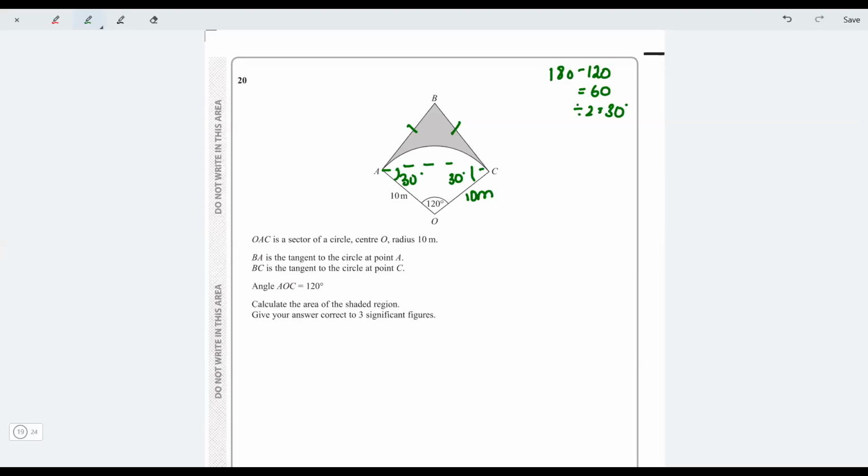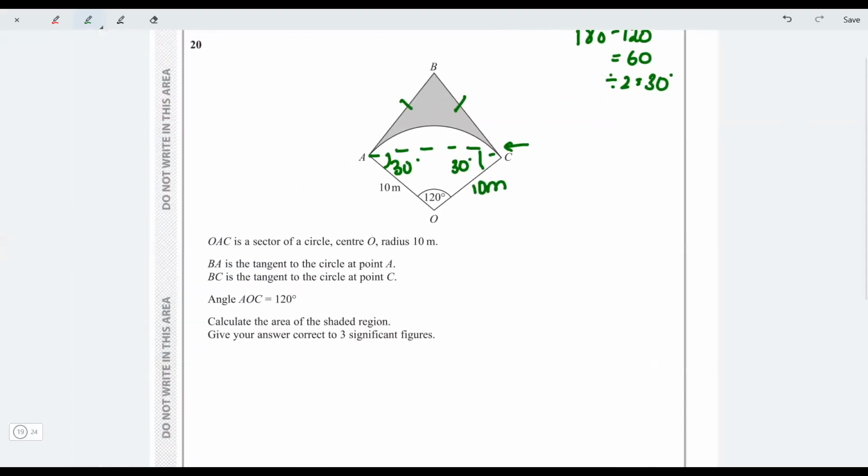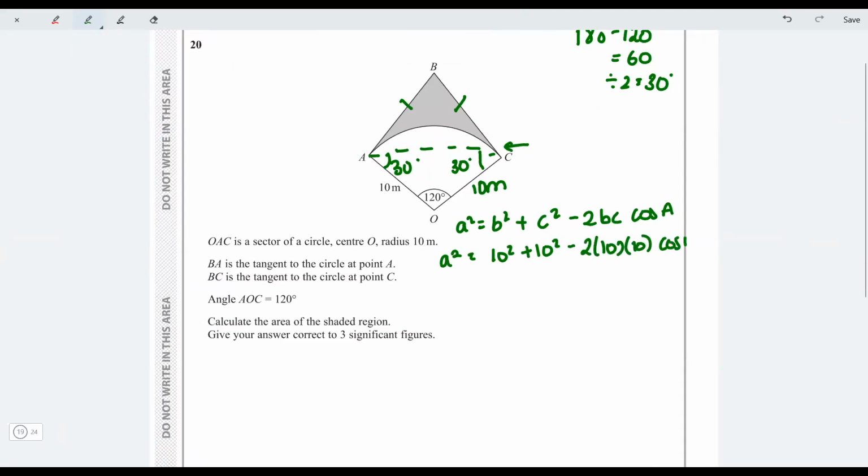Right, I can also work out this line here by using cosine rule, can't I? Which is going to be a squared equals b squared plus c squared minus 2bc cos a. And I want a squared, so I've got 10 squared plus 10 squared, take away 2 times 10 times 10 cos 120.